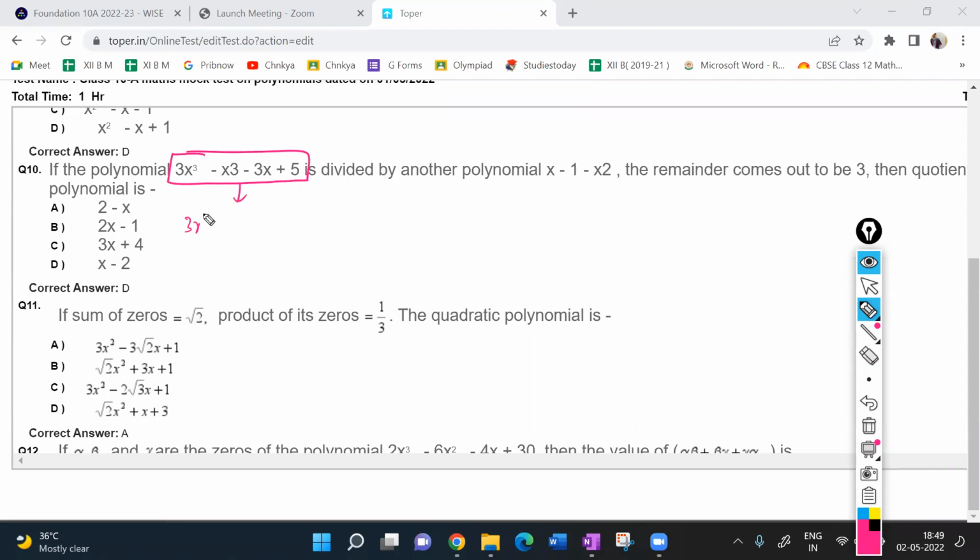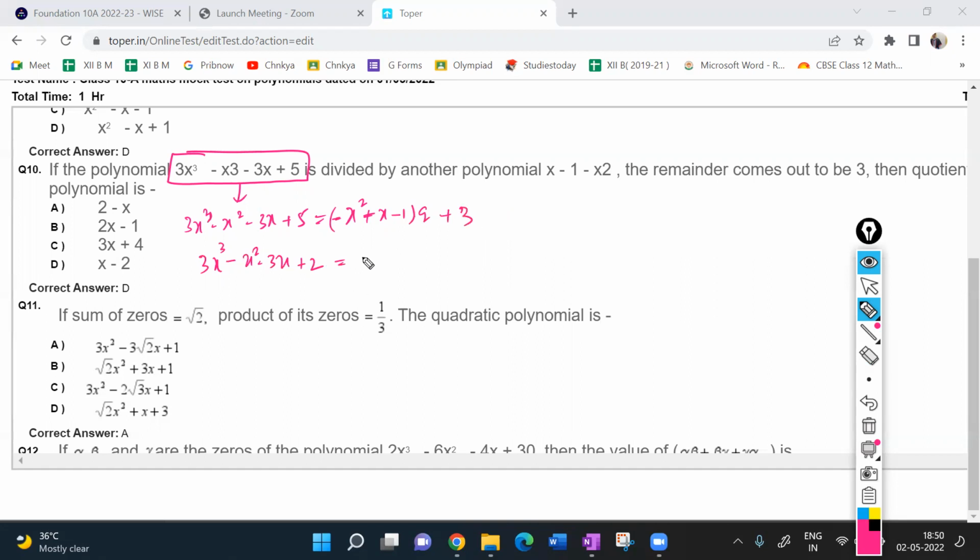I'm telling you, take it as x square and check. 3x cube minus x square minus 3x plus 2 is equal to, let's make it properly, 2 plus 3.